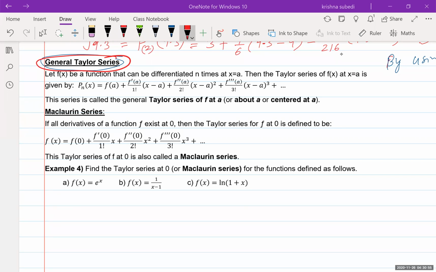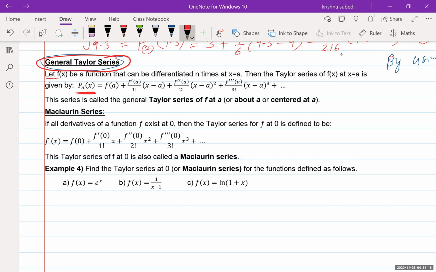Okay, so the general Taylor series, here is the definition. Let f of x be a function that can be differentiated n times at x equals a. Then the Taylor series of f of x at x equals a is given by, oh, this one is actually the polynomial of degree n.